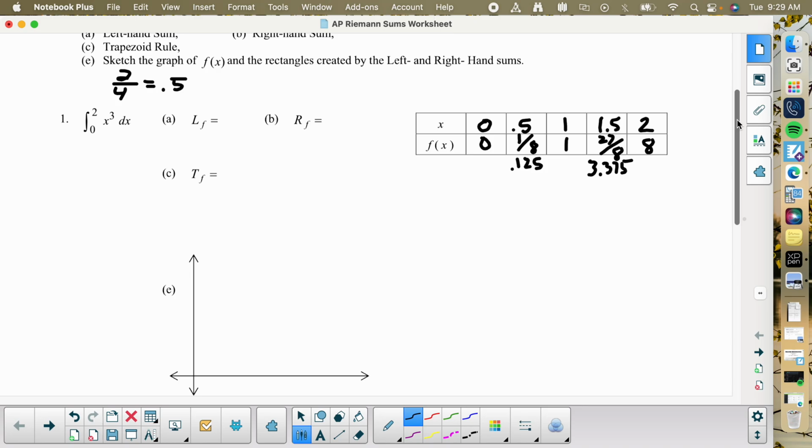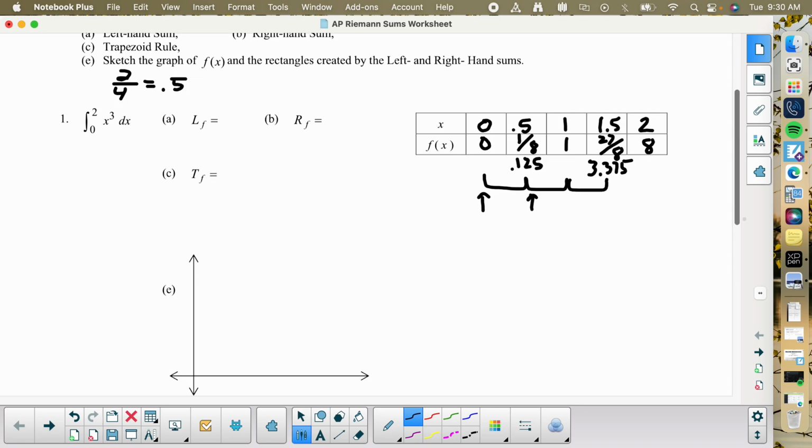Our first rectangle, if we were to draw this, would go right there. And so if we're doing left endpoint, then we would choose the left-hand side of the first rectangle, which would be 0. Our second rectangle would be from 0.5 to 1, and then the left endpoint would be at 0.5.